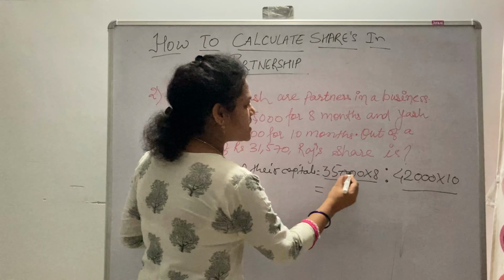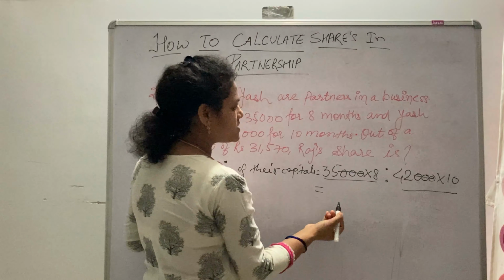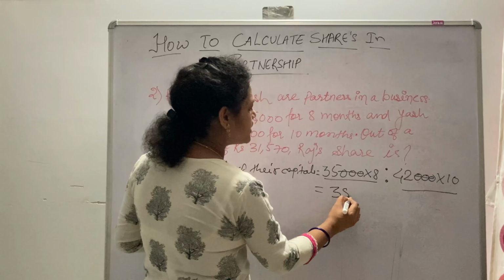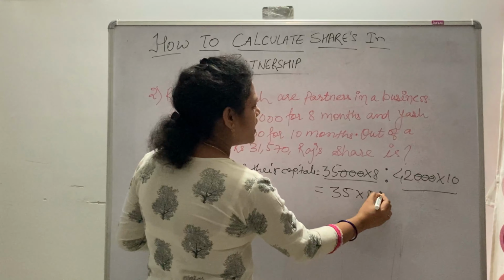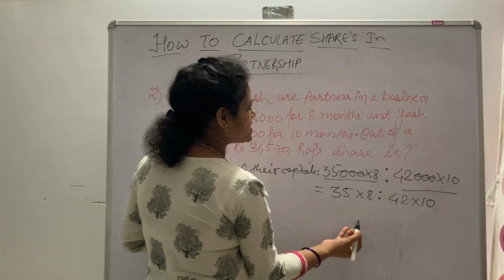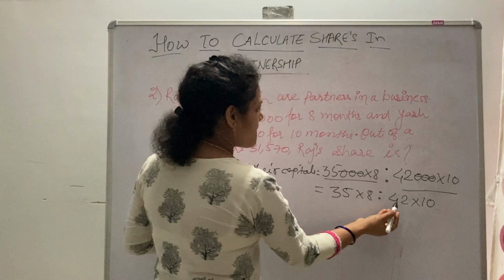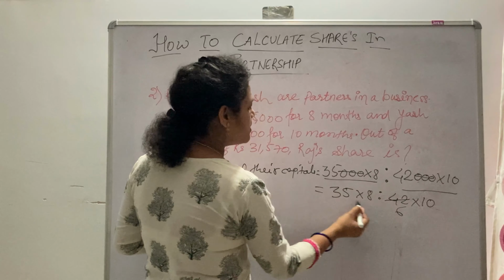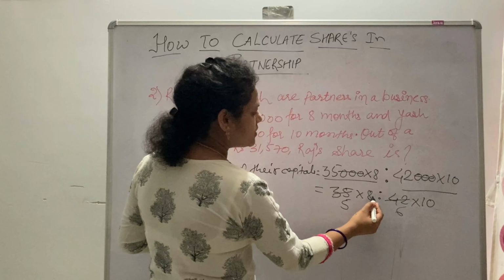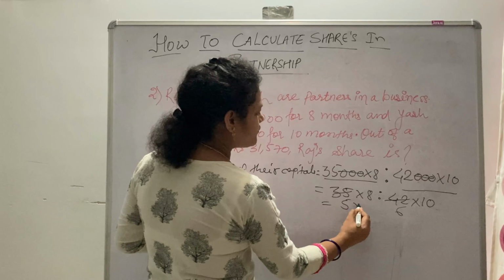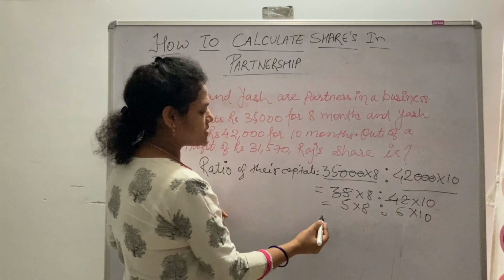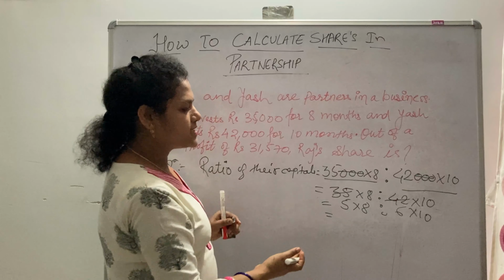So here you can cancel easily, these 3 get cancelled. And what you got is 35 into 8 and 42 into 10. Again you can cancel easily: 7 6s and 7 5s, and here what is left is 5. Again when I cancel, why am I telling this cancellation?